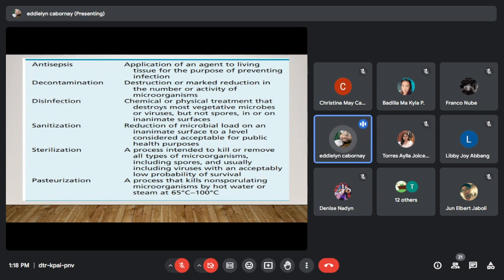Examples of spore-forming bacteria are Clostridium species. We also have pasteurization, a process that kills non-sporulating microorganisms by hot water or steam at 65 degrees Celsius to 100 degrees Celsius.